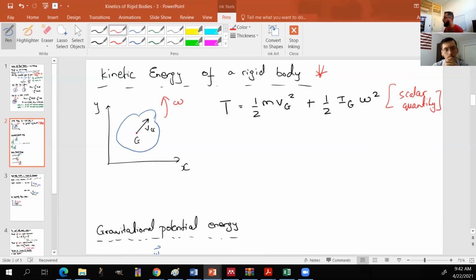All right. Now, the simplest thing to note is that when you have pure translation, the kinetic energy of your body is just equal to half mvg squared. When you have a rotation about a fixed axis, it's only rotation, and it's easy to look at it like that.